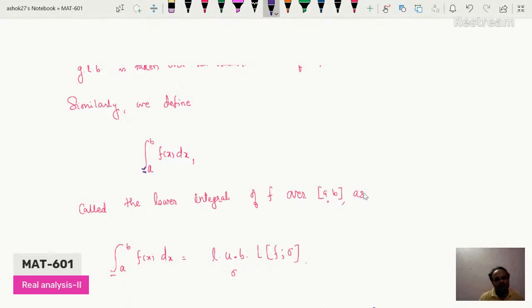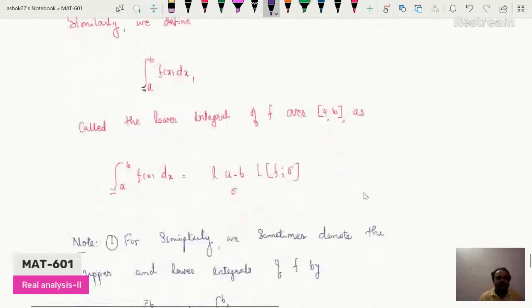So the integration from a to b of f(x) dx is called the lower integral of f over [a, b], and it is defined as the least upper bound of all lower sums, taken with respect to sigma.